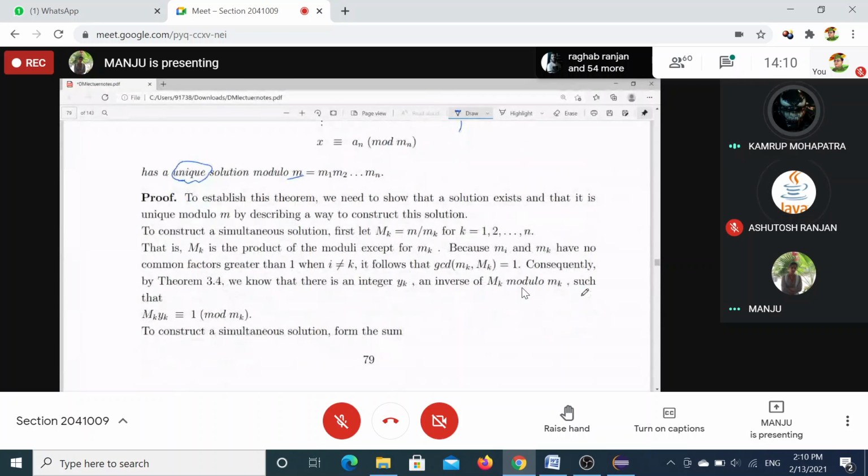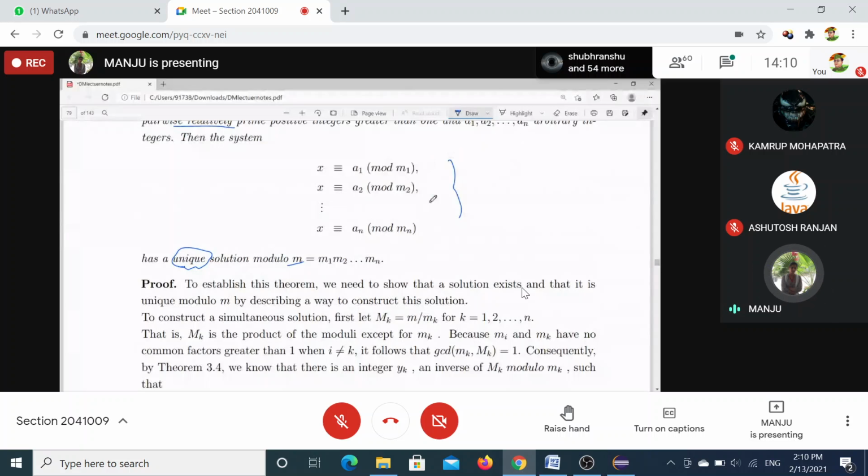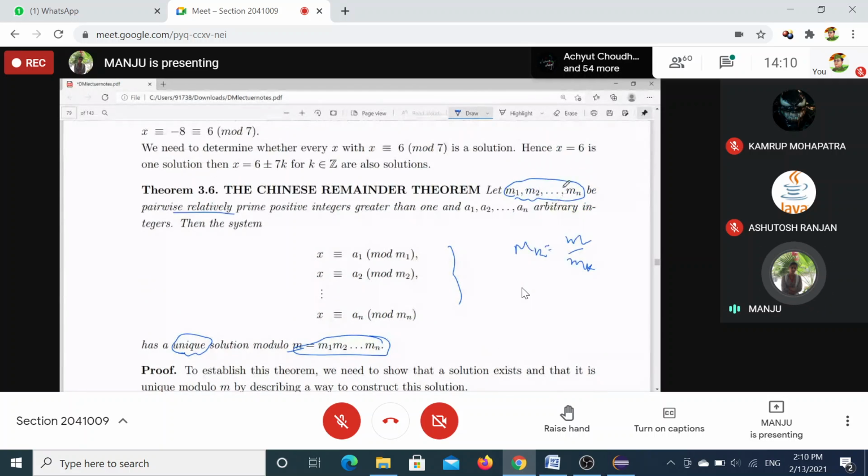And the solution will be: you have M, and you find capital MK, which is the product of the MKs divided by small MK. As all these Mi and Mj are pairwise relatively prime, meaning having GCD 1, and in this product we have divided by MK, so MK is not present in capital MK.